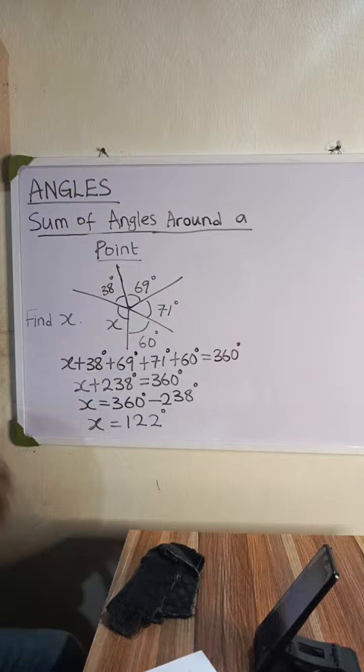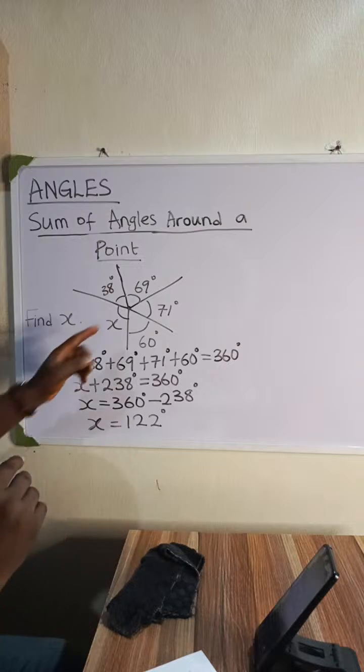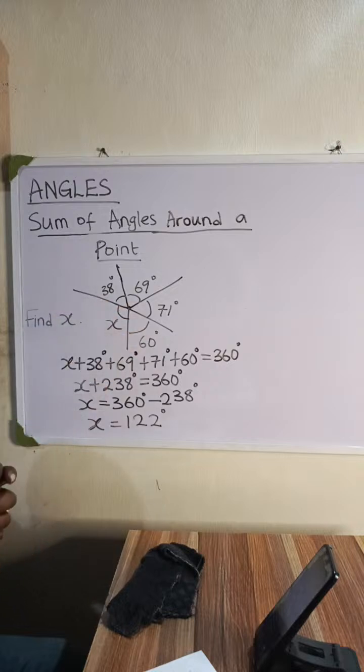Okay, so now we've seen two principles when solving equations on angles. The first one we've looked at is sum of angles on a straight line. Now we've looked at sum of angles around a point. The next we are looking at is sum of angles in a quadrilateral.